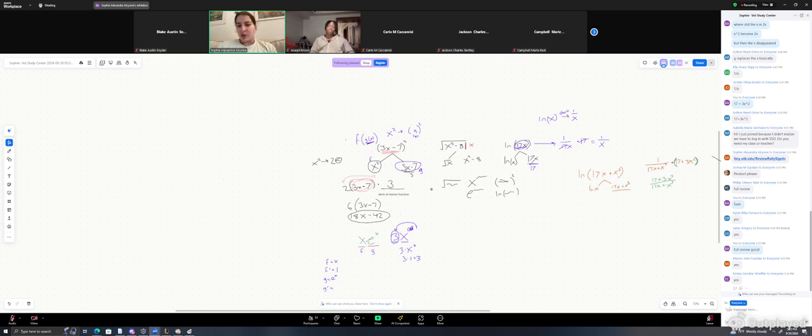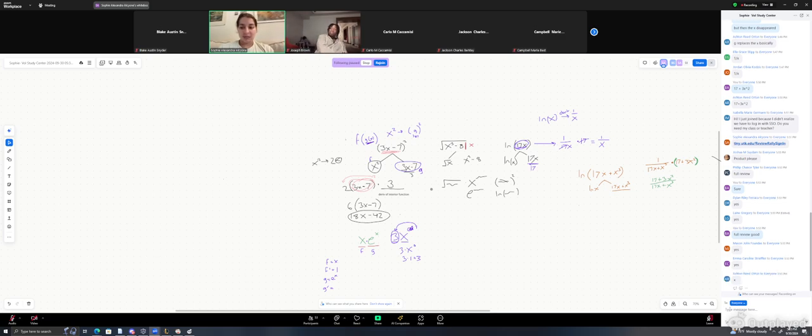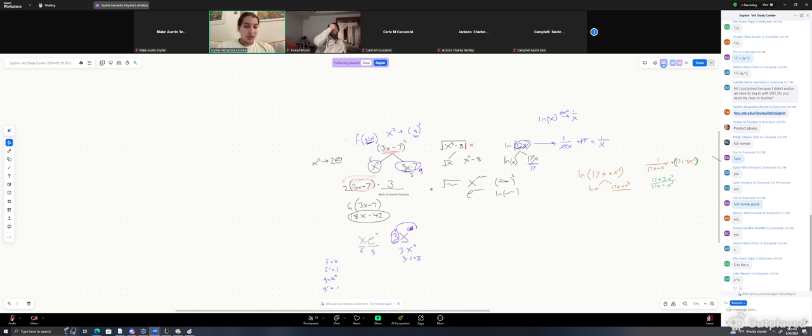Can someone tell me what g prime is? So when we have an e to the x, we actually don't change that. So it remains e to the x. Very good.